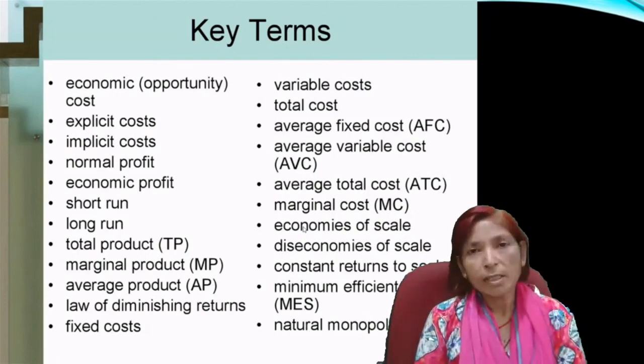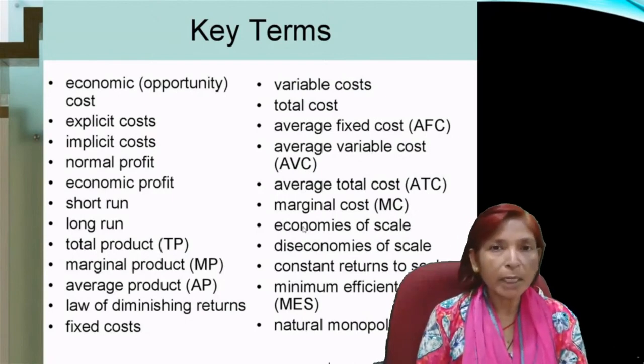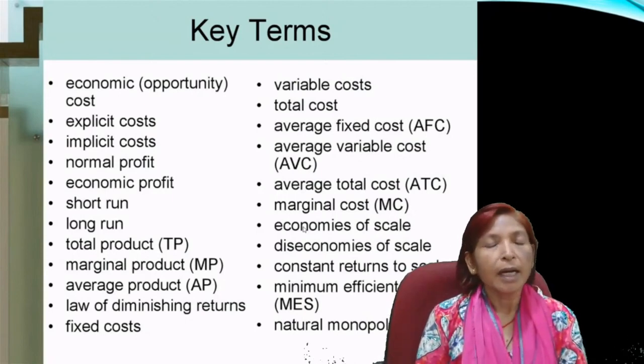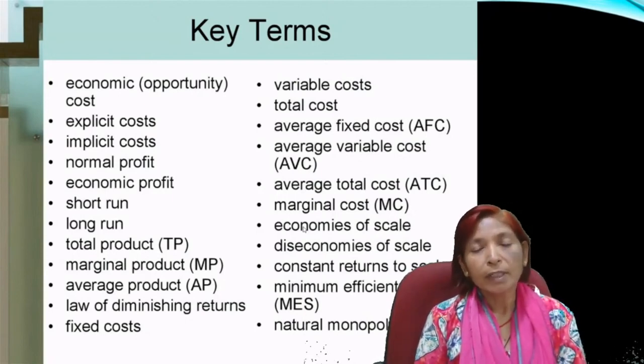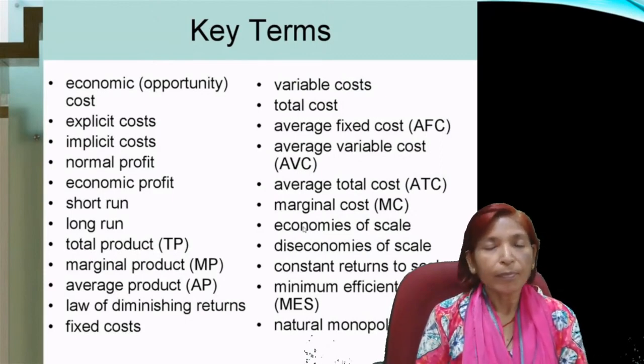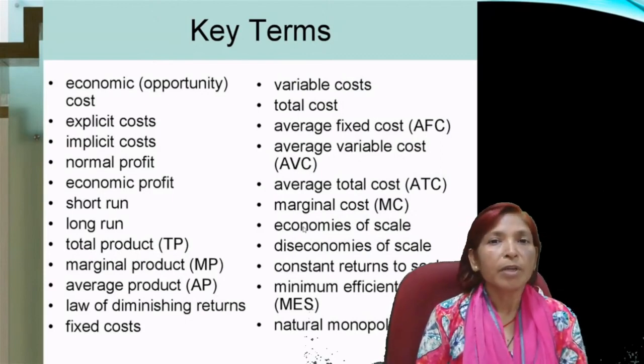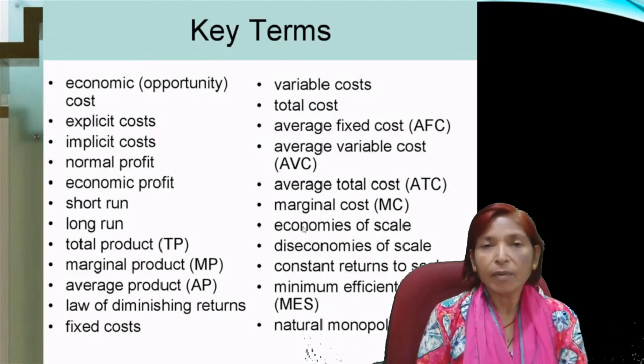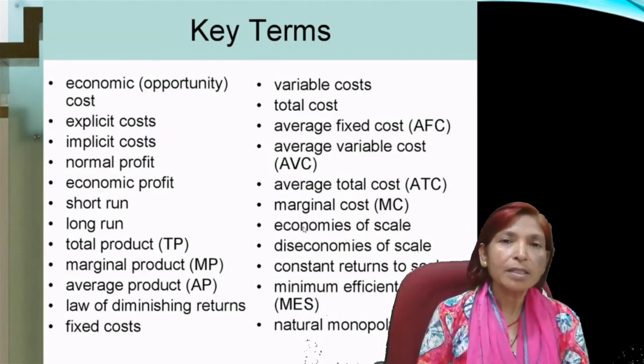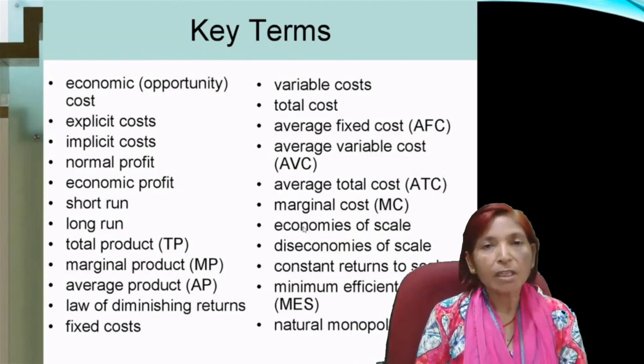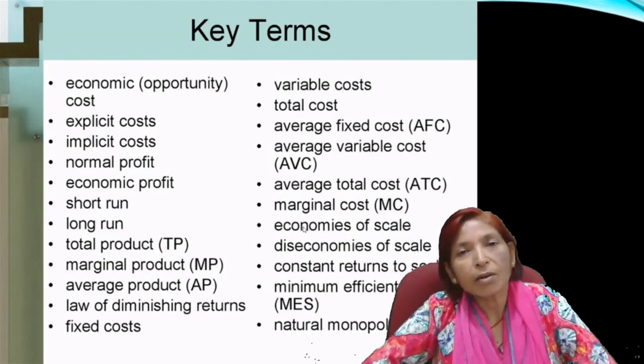Rent cost, if you are paying rent for a building, that is fixed cost. And capital means fixed assets like building cost, machinery cost. Some machines are very fixed in nature.